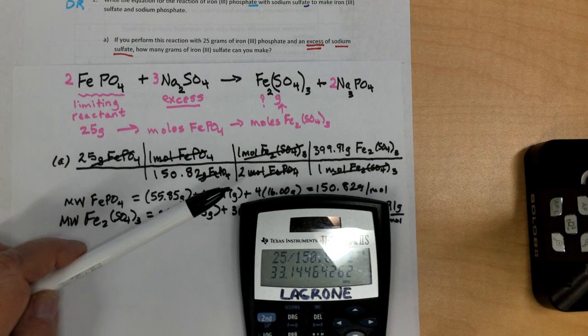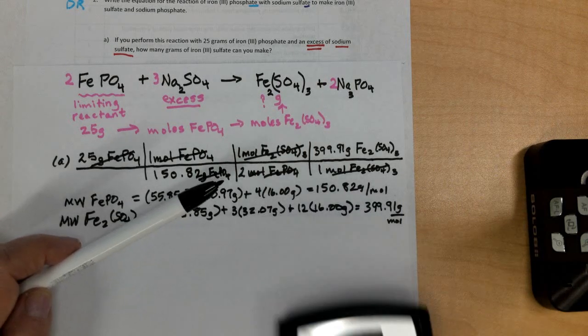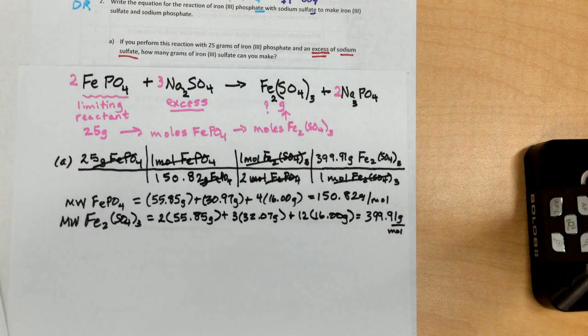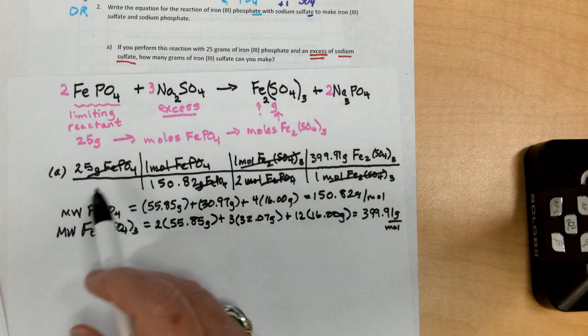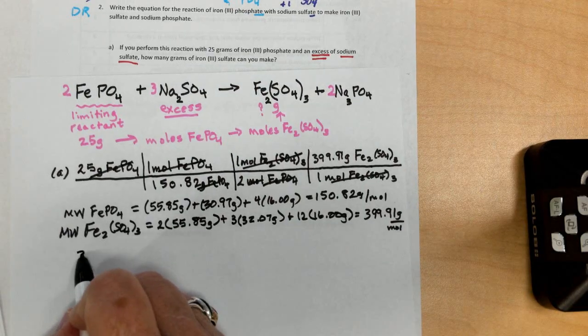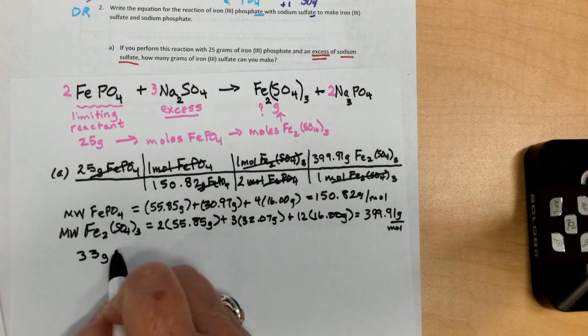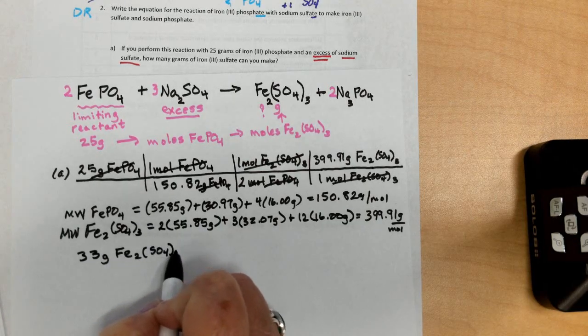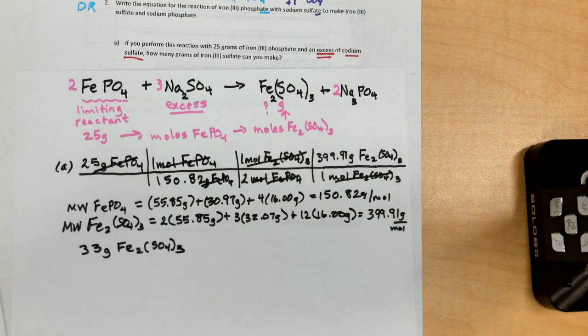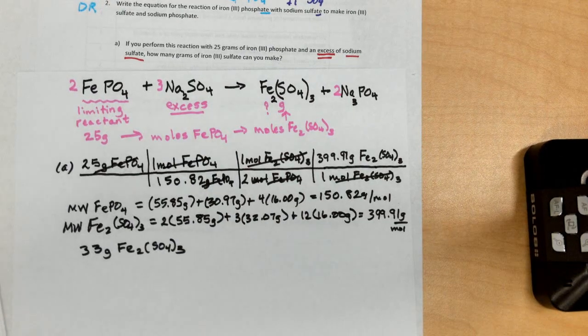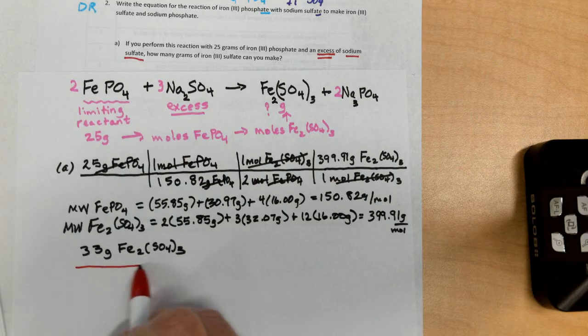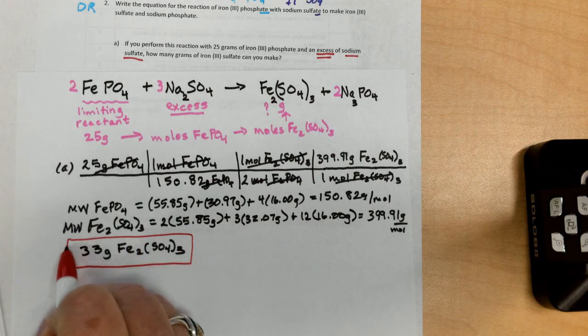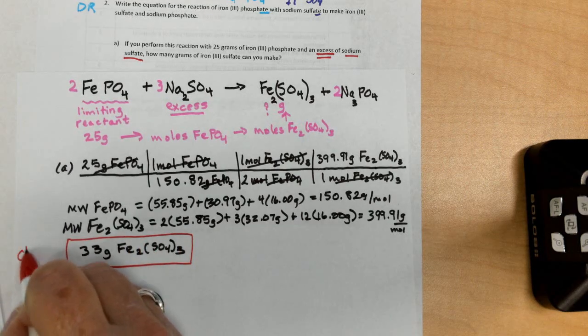And that's going to give us 33.14 grams of product. Into 2 sig figs, that's going to give me 33 grams of iron 3 sulfate. So this is our answer for how many grams of iron 3 sulfate will be formed. There's my claim.